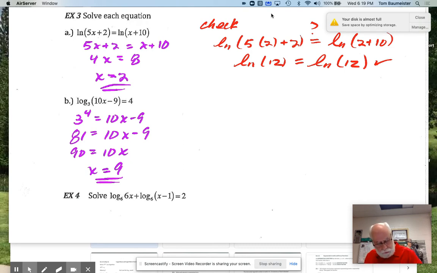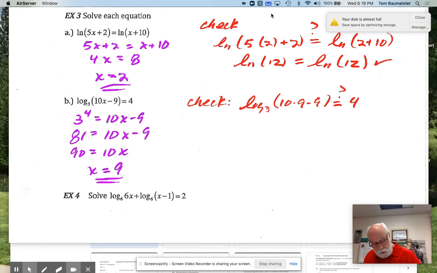So, again, let's check, because it doesn't hurt to check, and it doesn't take that long, people. So, I'm going to take log to the base 3 of 10 times 9 minus 9. And our question then would be, does that equal 4?